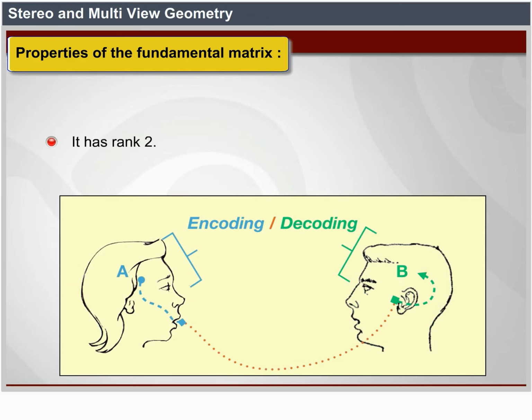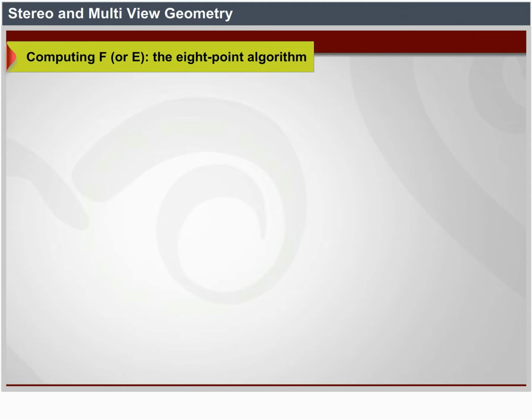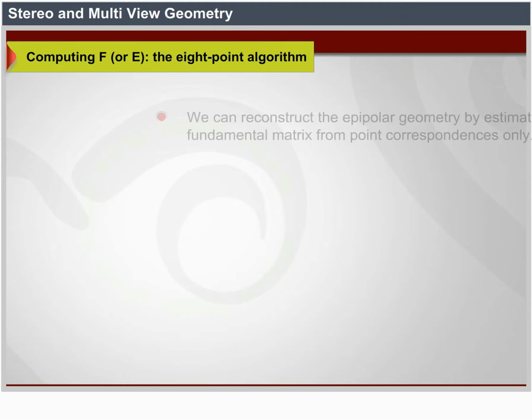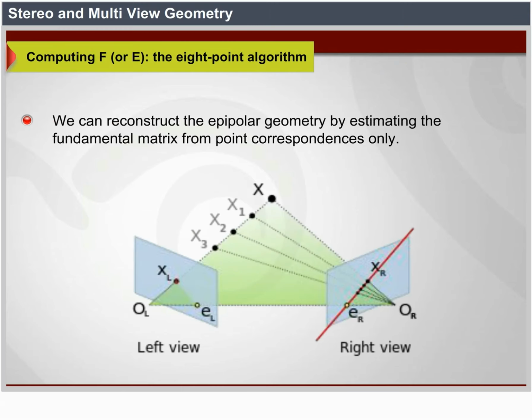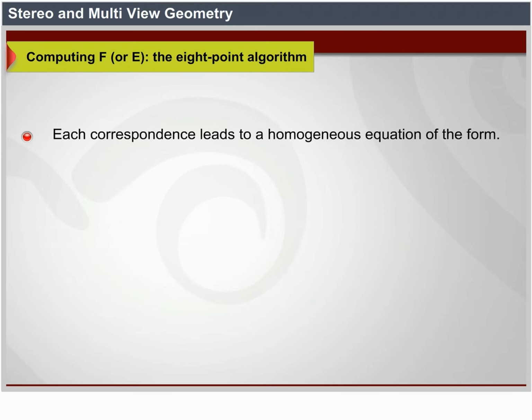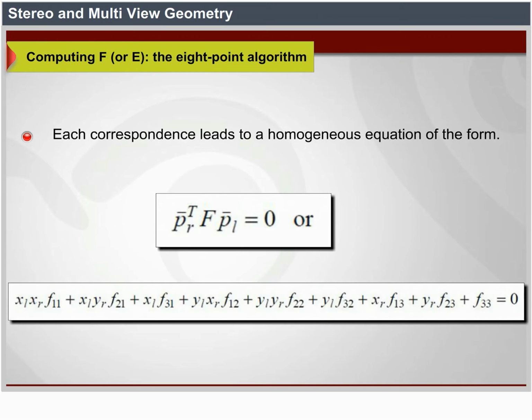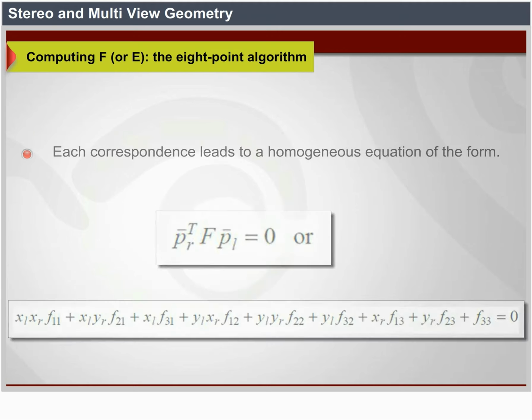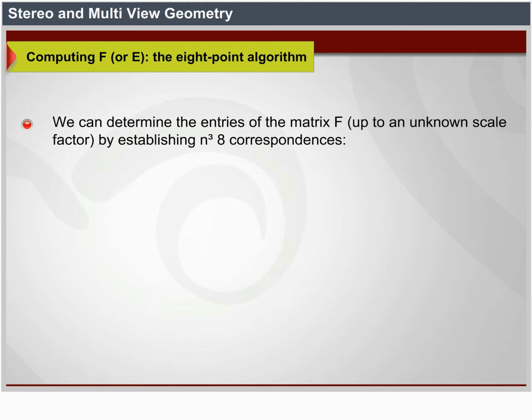Computing F or E: the 8-point algorithm. We can reconstruct the epipolar geometry by estimating the fundamental matrix from point correspondences only. Each correspondence leads to a homogeneous equation of the form shown on the screen. We can determine the entries of the matrix F up to an unknown scale factor by establishing n greater than or equal to 8 correspondences: A x equals 0.